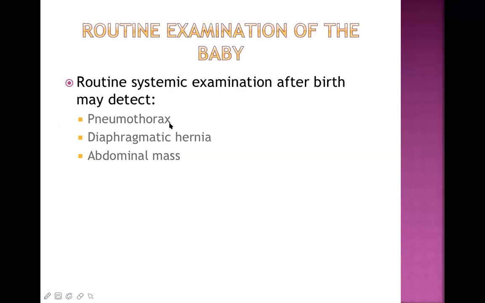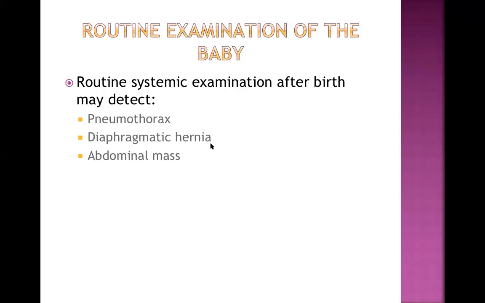Now, what is pneumothorax? Every student knows. It is the collection of free air in the pleural cavity. There are so many causes for this. It has to be detected if it is present. Otherwise, the baby may suffer from hypoxia.